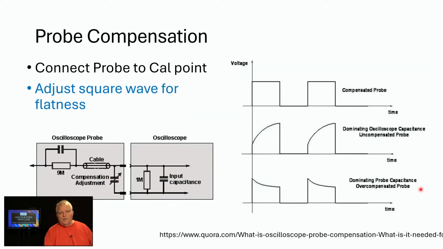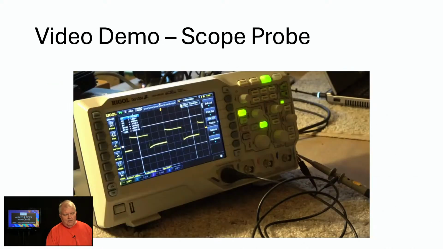And the scopes provide a way to do that built in. What you do is you connect the probe to a calibration point on the oscilloscope, and then you use a little tool and you adjust the calibrated output square wave for flatness. Well, let's go take a look.